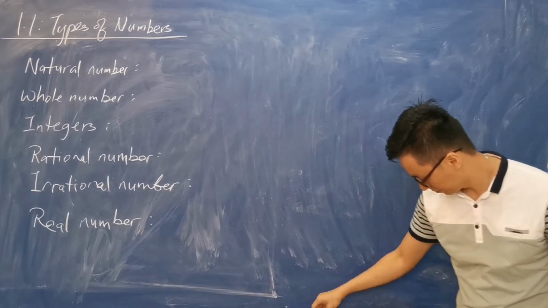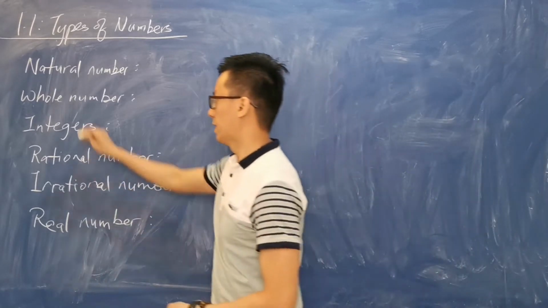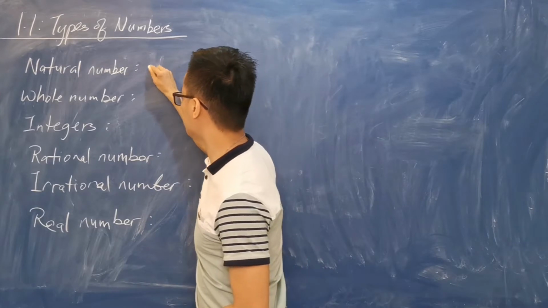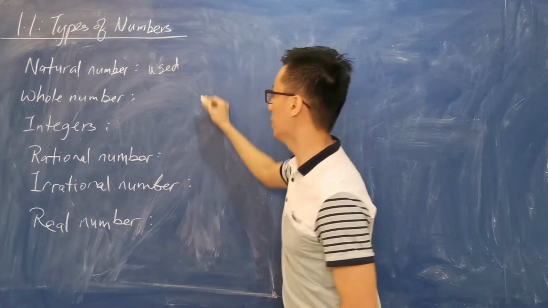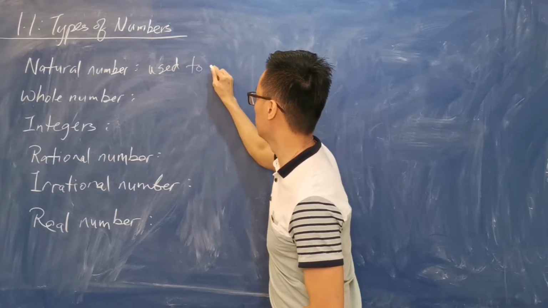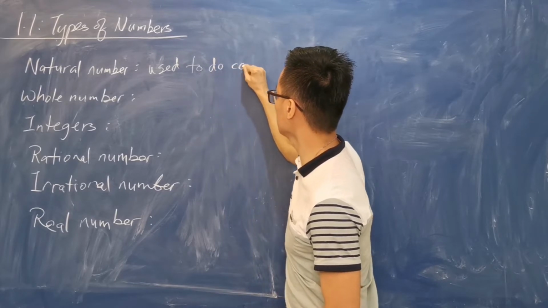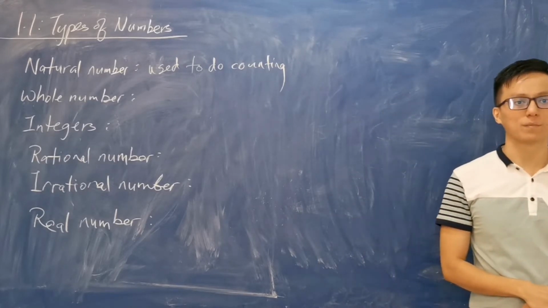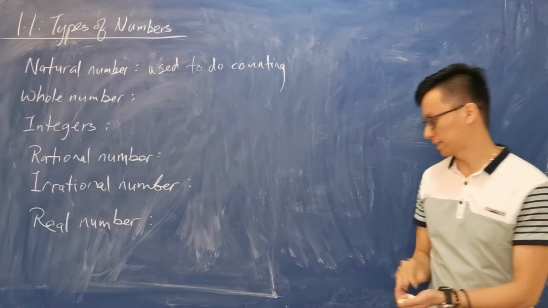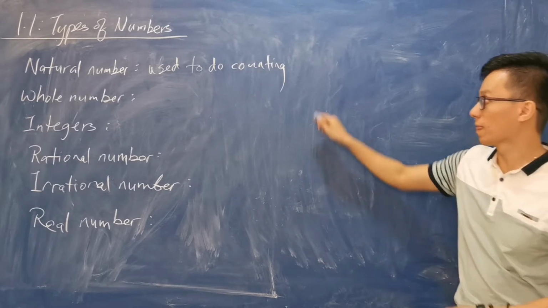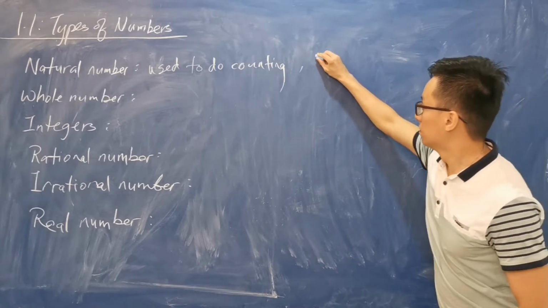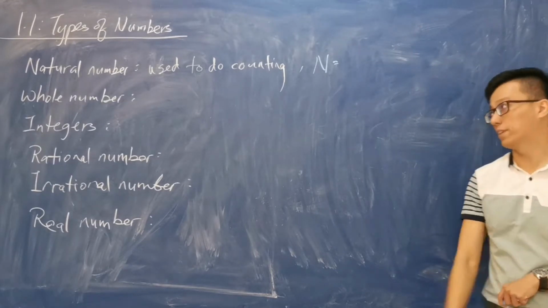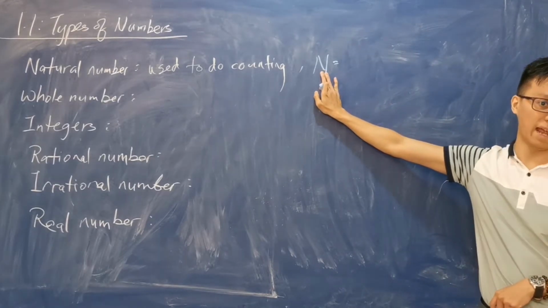First, natural number. The natural number is actually the number we use to do counting. So, for example, the natural number we can represent as the symbol n.